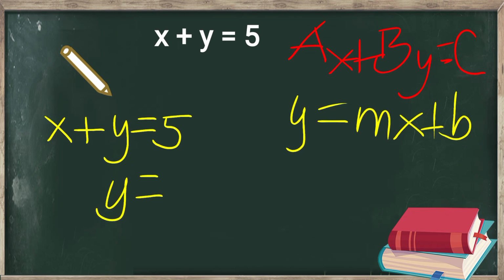And then, by the subtraction property of equality, the SPE, we can subtract both sides by x. So I'll repeat, sorry for that. We will use the SPE, or the subtraction property of equality, by subtracting both sides by x.